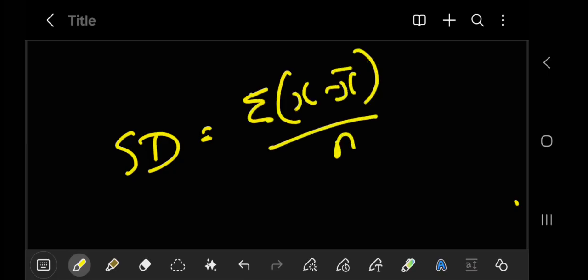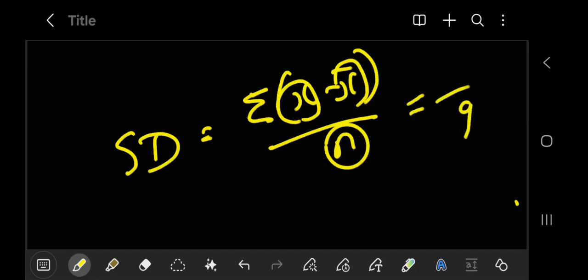What is that formula? Summation of x minus x bar over n, if I'm not mistaken. This is the deviation, so you have to find it for each of the components. This is the mean and this is the number of observations. The number of observations from the experiment, I guess, is 9.